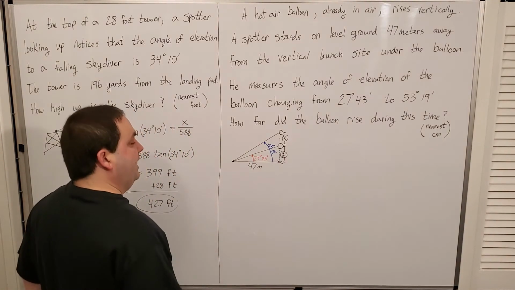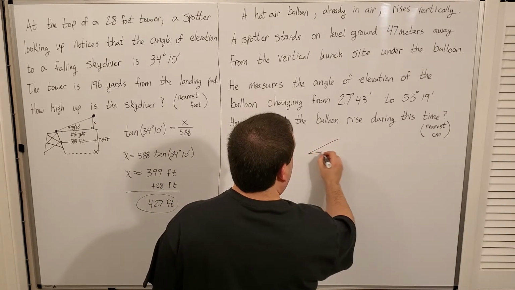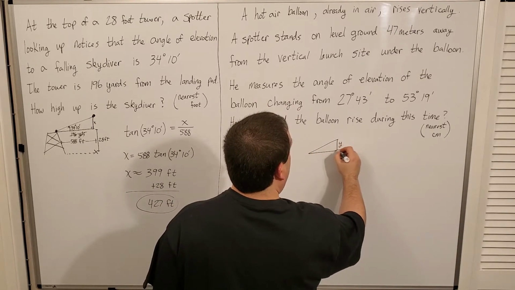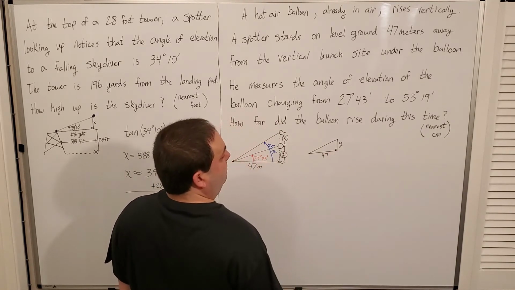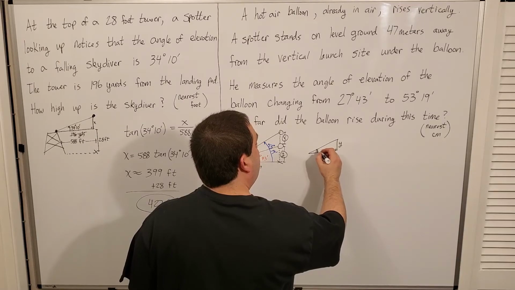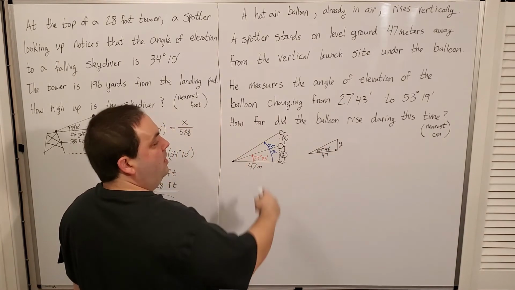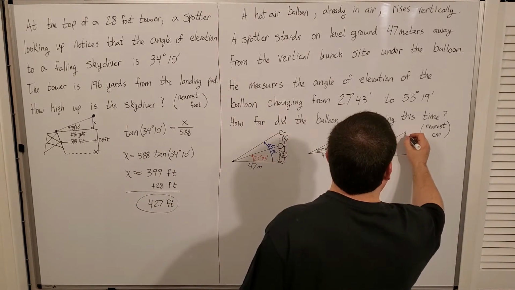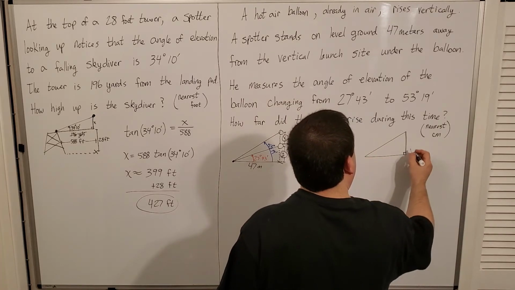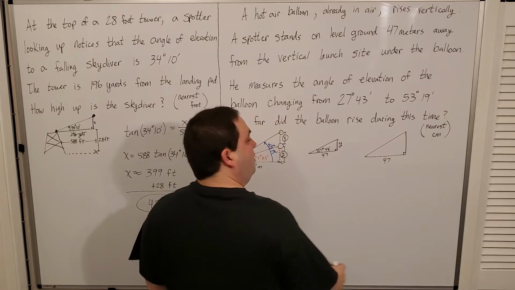So what I've got is two triangles here. I've got the smaller triangle that just has y. It has the 47 meters here, and then it's got the 27 degrees 43 minute angle. And I've also got the larger right triangle, which on the bottom side still has the 47 meters.